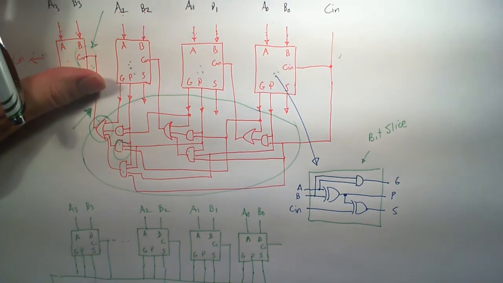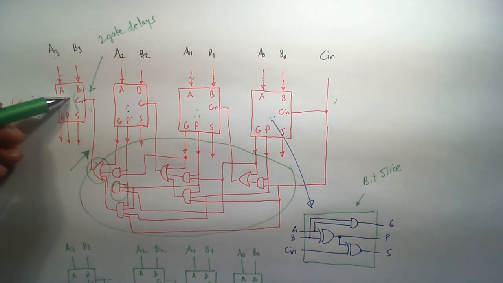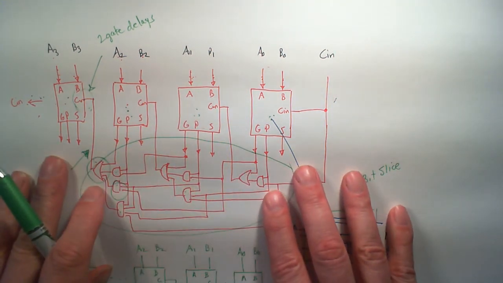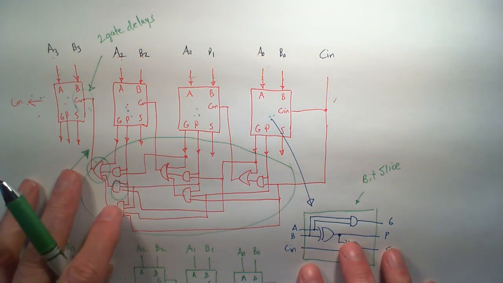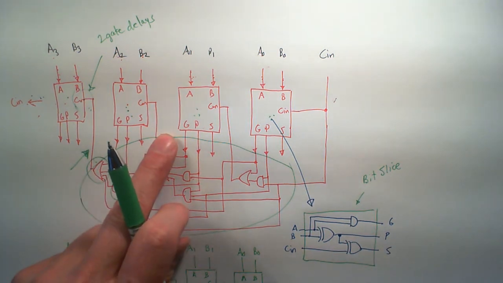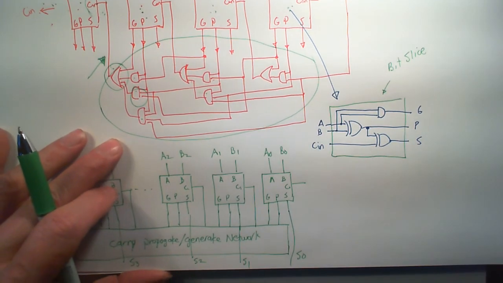Just 2 gate delays. And because I can generate any carry with just 2 gate delays, that means no matter how big the adder gets, however many bits long it is, I can still form an answer with just 2 gate delays. And so this circuit can run a whole lot faster than the ripple carry adder. So we have a name for this circuit as well.